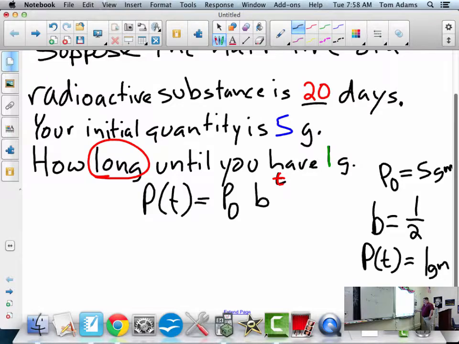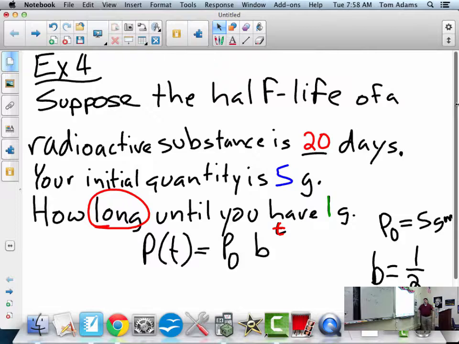Only thing that bugs me about this is I'm a little troubled by the time. If I just leave that as t, what does that make that? That's the unit of time. And we're basing the unit of time on how many days? 20 days. Right?